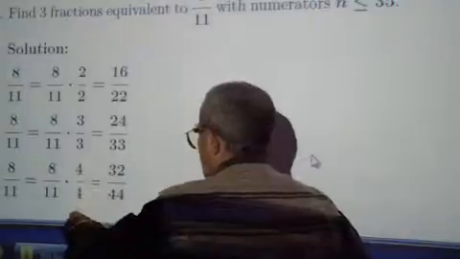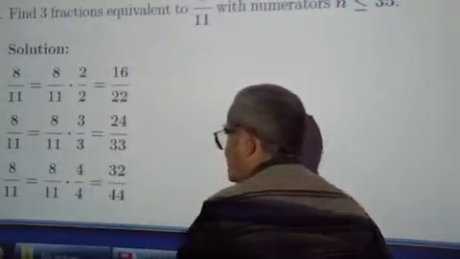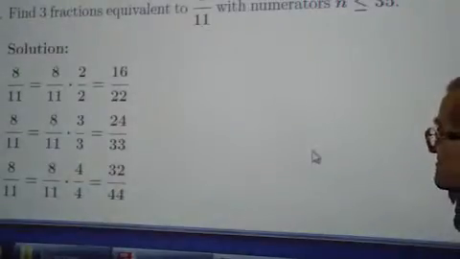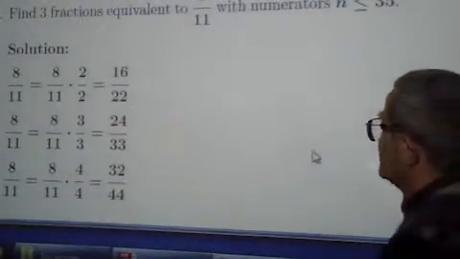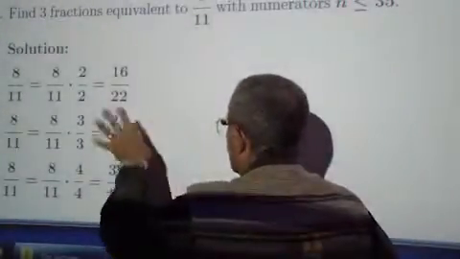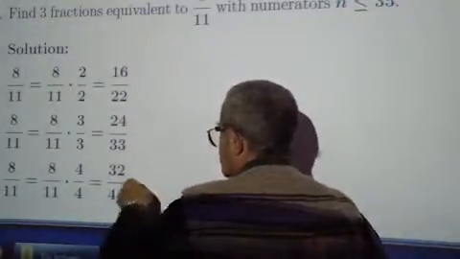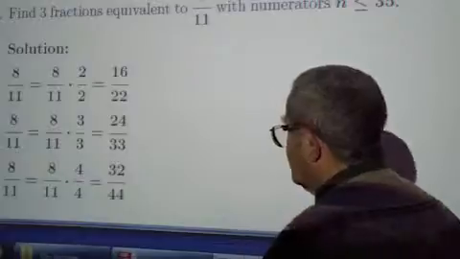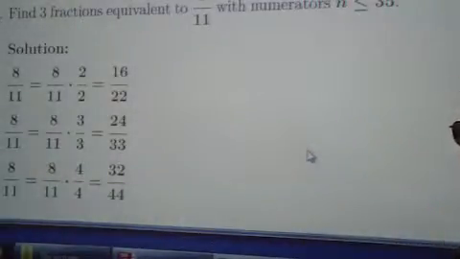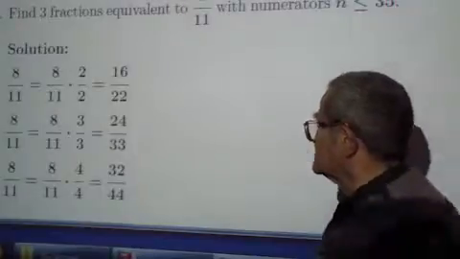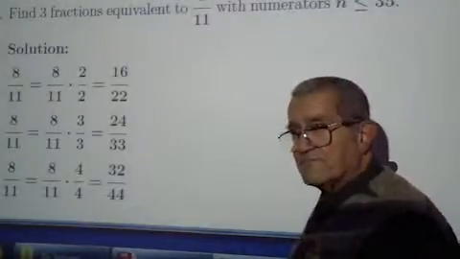And multiply by 4 over 4 to get 32 over 44. I let you copy that. So I have 11 over 20, I have 16 over 22, 24 over 33, and 32 over 44. Are you with me? I'll go on.